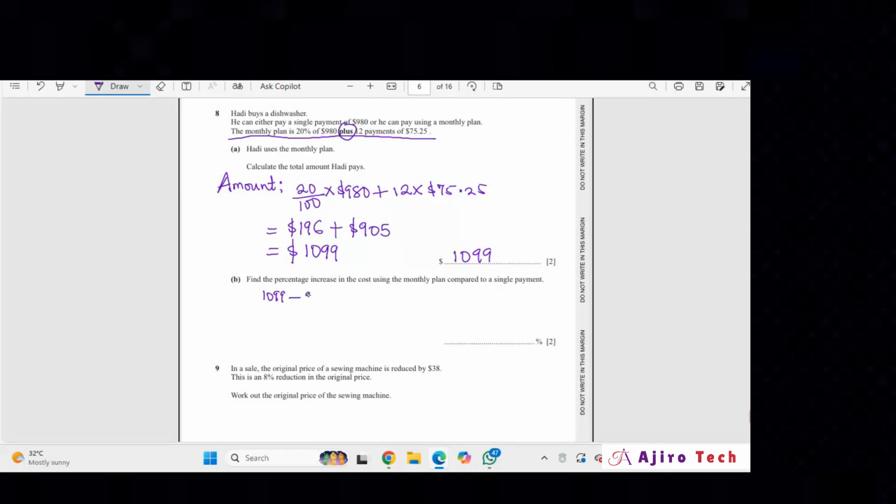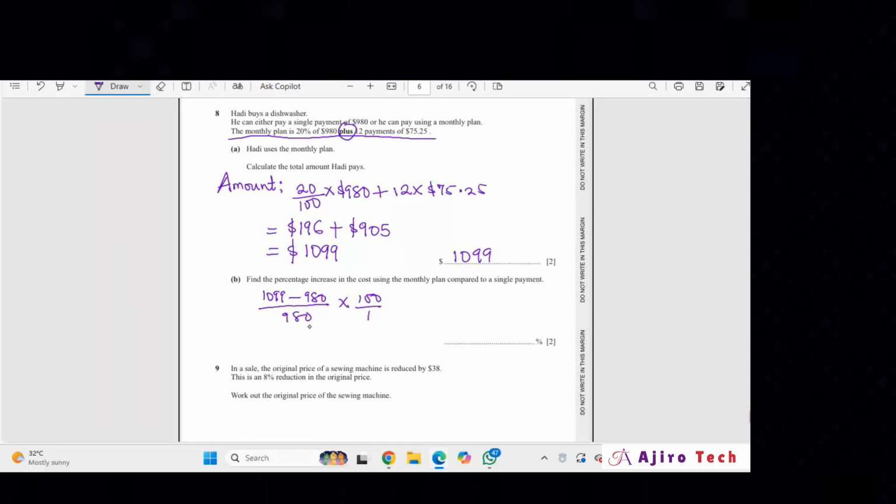What is the original one? 980. Divide it by the original one, which is 980, times 100 over 1. If you want to get it, just do final minus the original, divided by the original, times 100%.